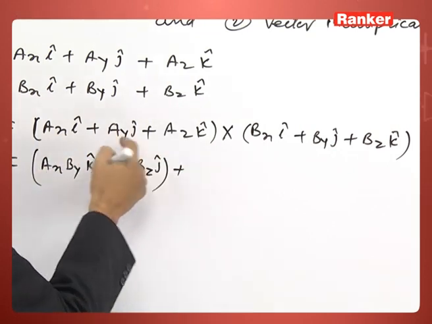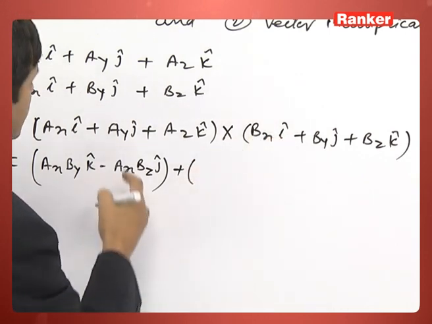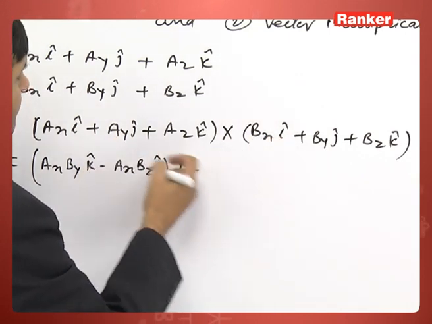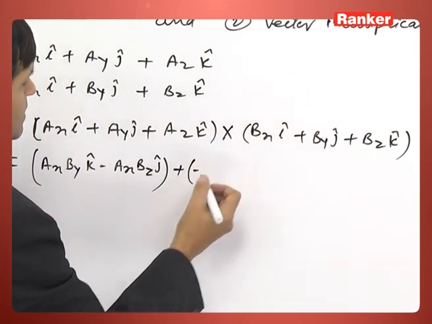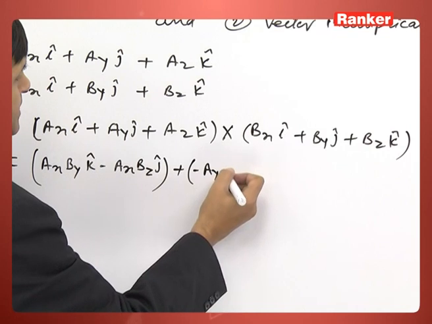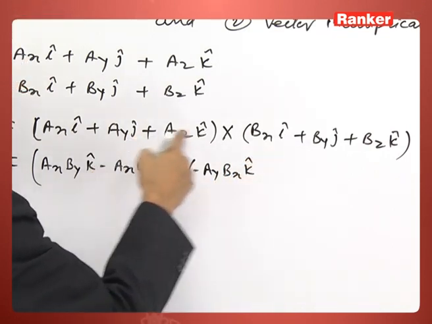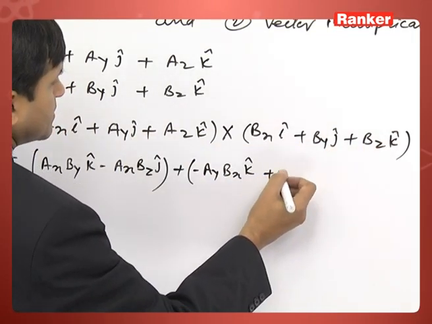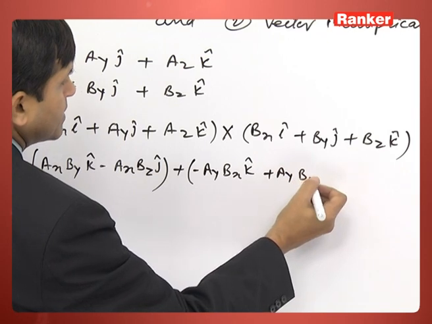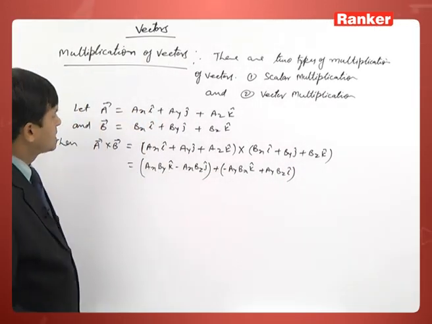Now from this ay j, j cross i is your minus k, so minus ay bx k cap. j cross j is 0, j cross k is i, so ay bz i cap, like this.